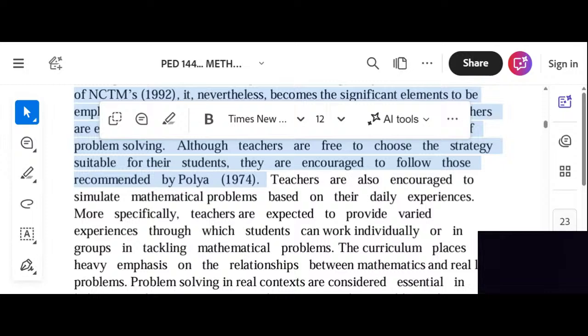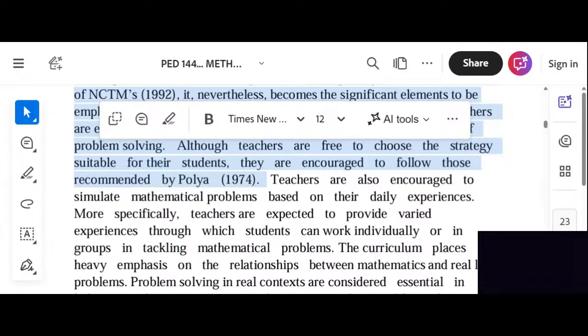Now, let's break that passage down, because we've read it, and I don't think we understand anything yet until we explain it to ourselves. It says, although the definition of problem solving may differ from what the NCTM gave, the first thing I would like us to know is the full meaning of NCTM.